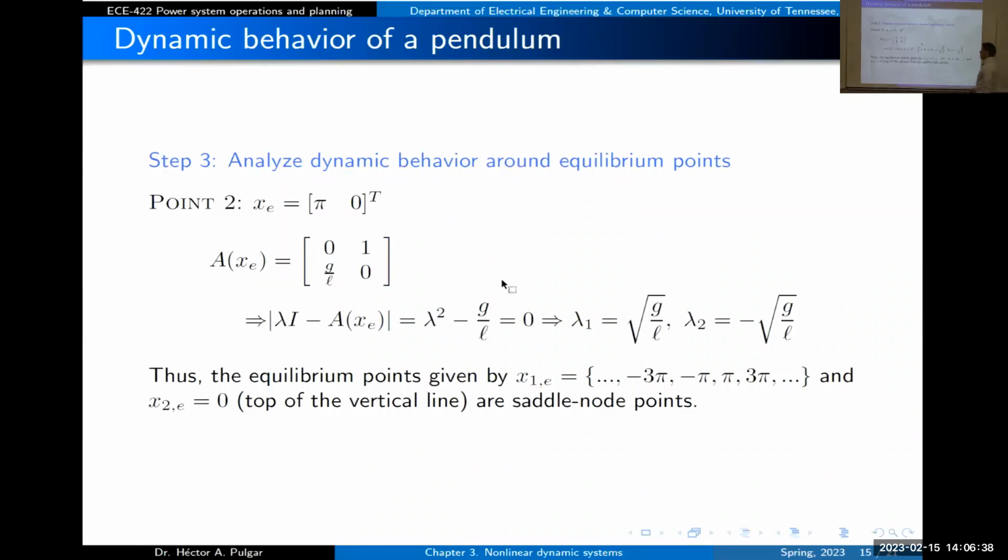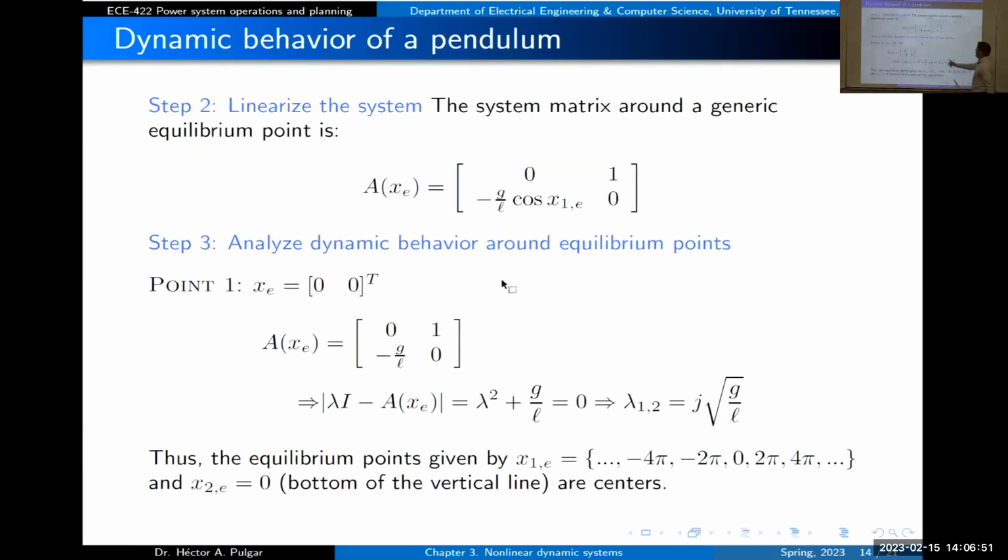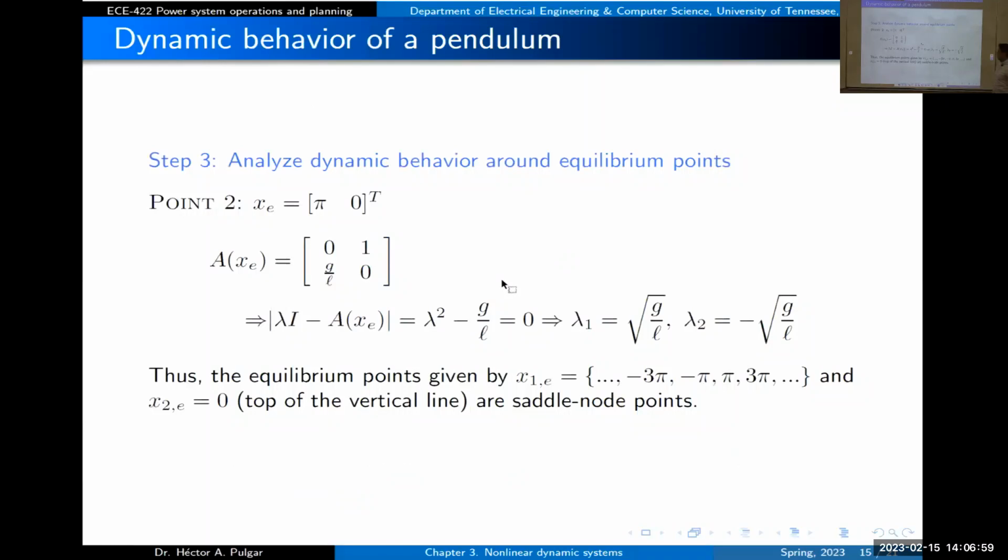The next point is going to be pi and 0. So we apply the same thing, but now cosine of pi is going to be negative 1. And because this is negative 1, with a negative, this becomes plus g over L. So we have this here.